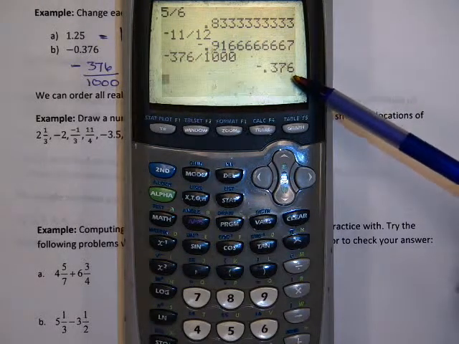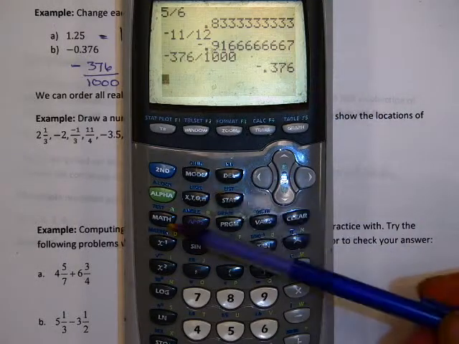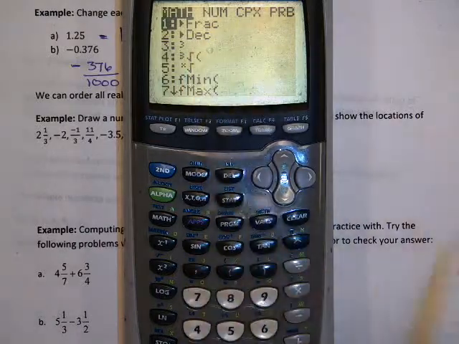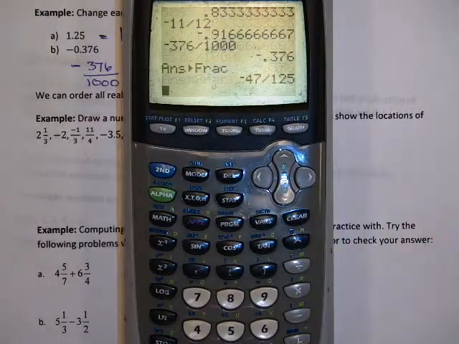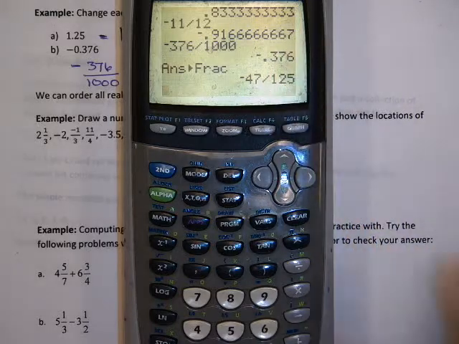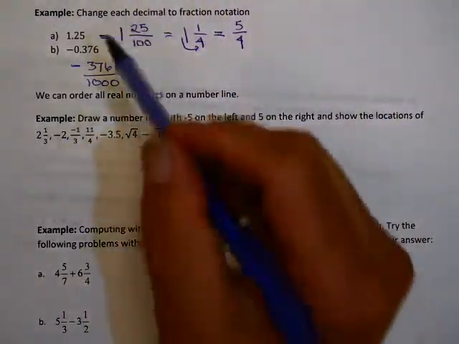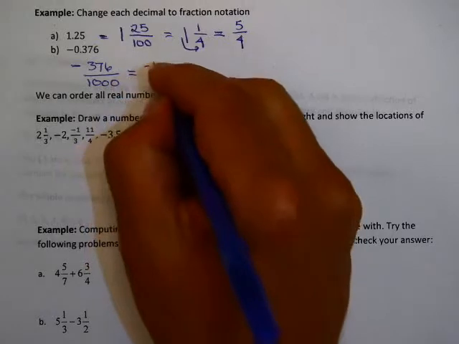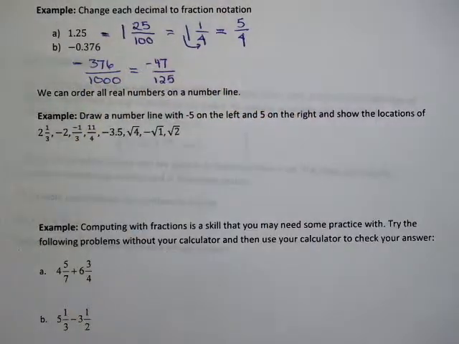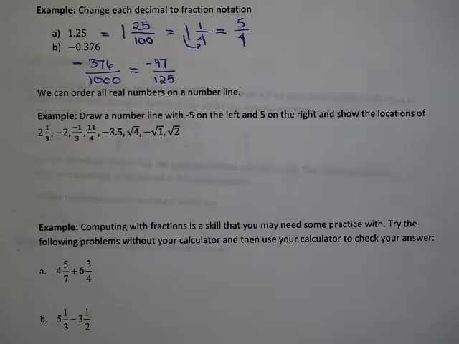When you have your decimal on your screen, you can try the following. Press the Math key, and then press number 1 for fraction. And this gives me the answer, minus 47 over 125. That is the same fraction as minus 376 over 1,000, but reduced.